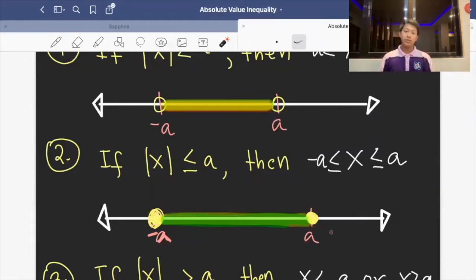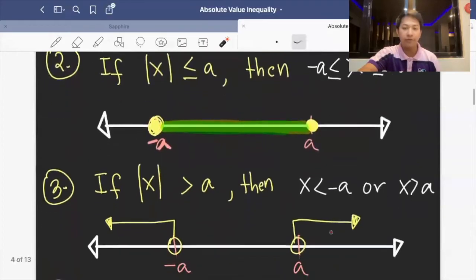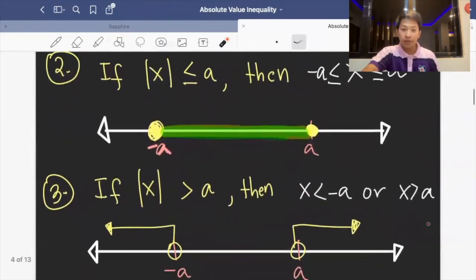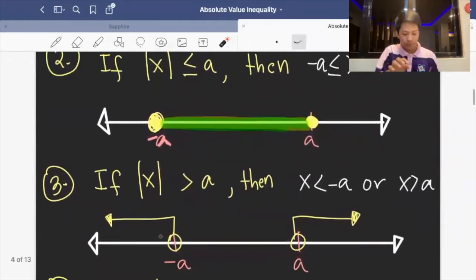That's the solution set. And of course, number 3, we have here a union. If absolute value of x is greater than a, then x is less than negative a or x is greater than a. We can illustrate that through this graph.